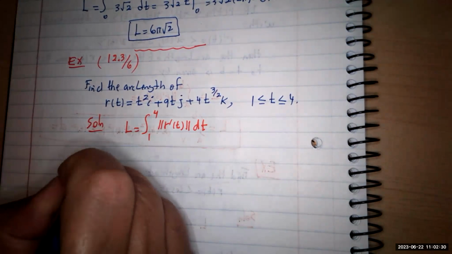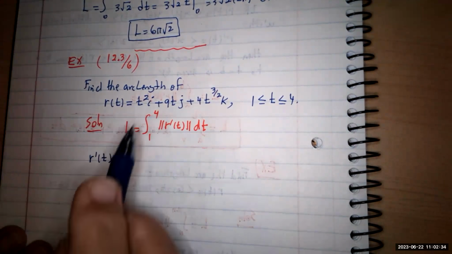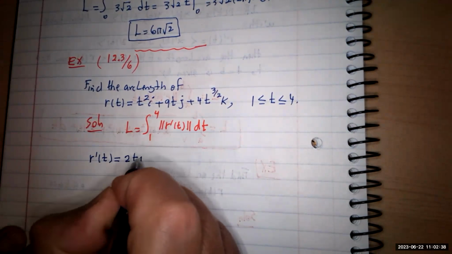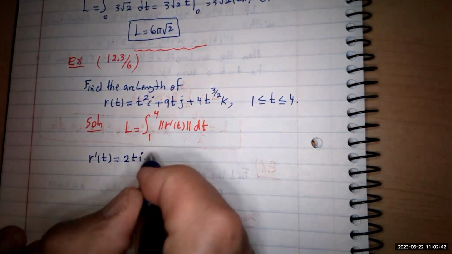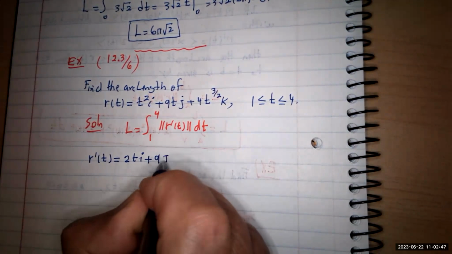So r prime of t, you can keep it as is, differentiate the components. The t squared would be 2t, so we get 2t i. And the derivative of the 9t would be 9, so we get 9j.